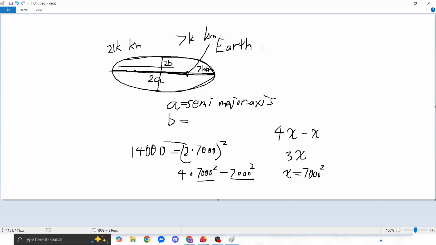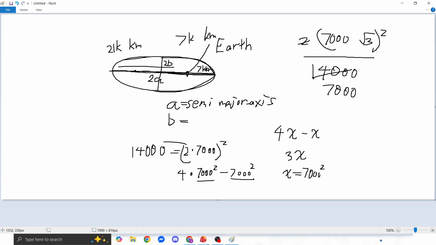But I'll show you how I would solve it. So this has a square all over 14,000. I see again, this is just 7,000. This is 7,000 squared. Take that out, take this out.